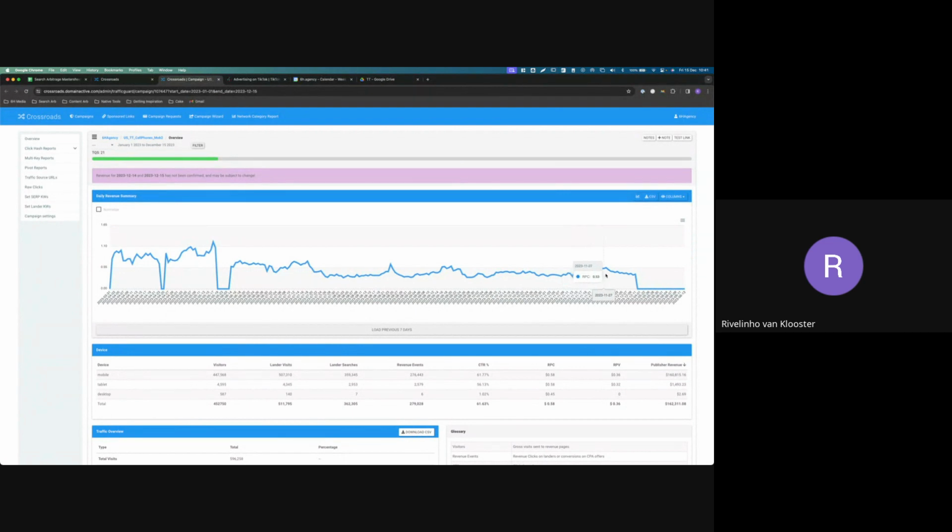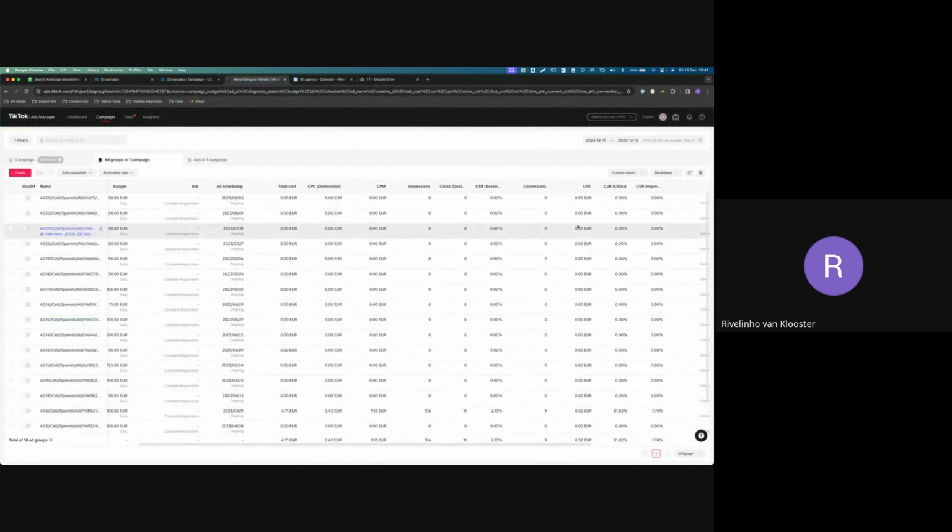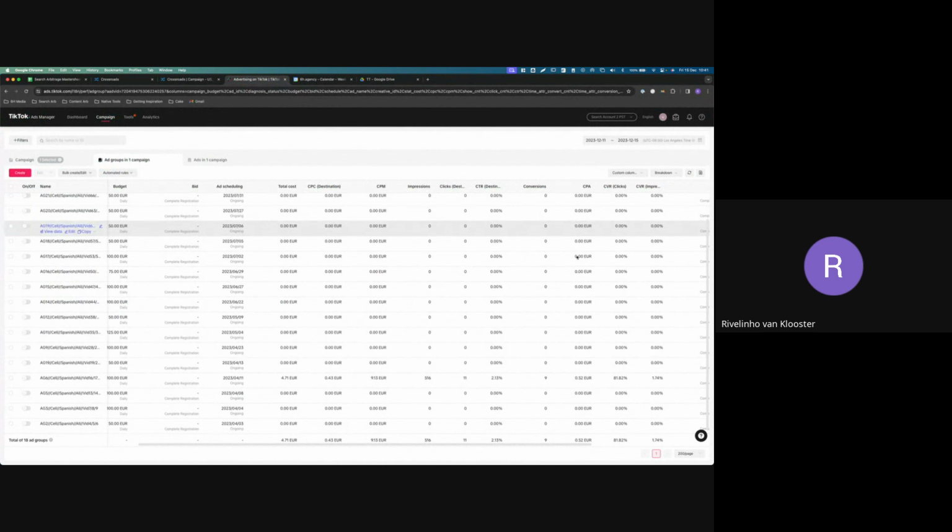With that being said, unfortunately I had to pause it, because one of the key factors here is the CPA. In order for us to run profitable campaigns, we need our CPAs to be lower than our RPCs. That's search arbitrage 101.